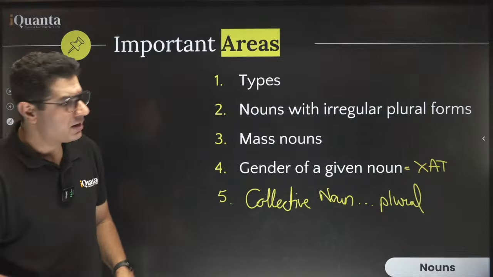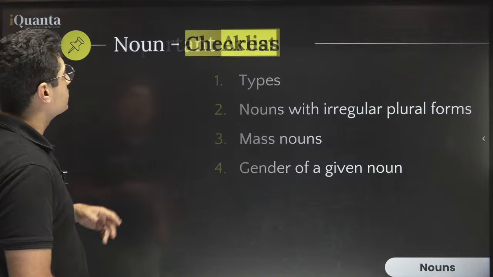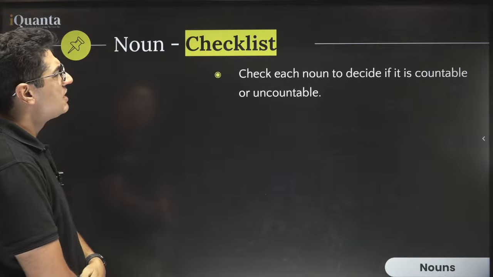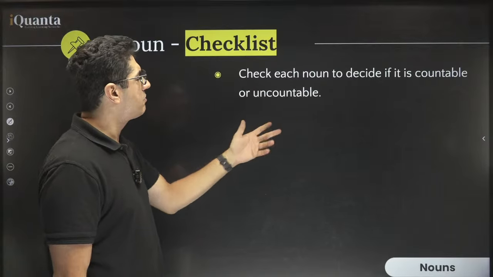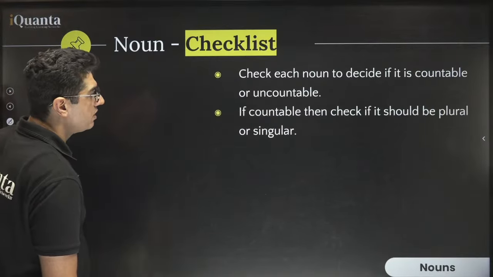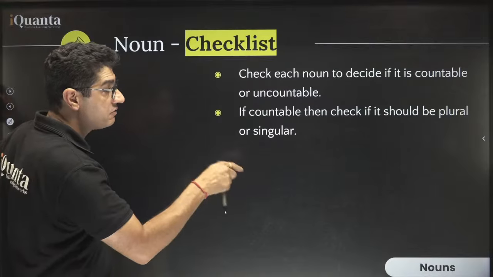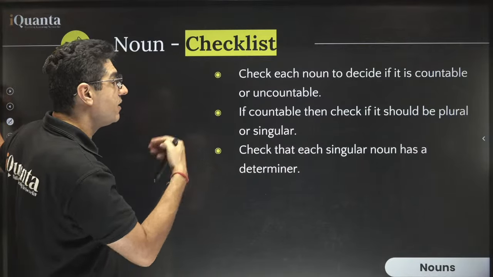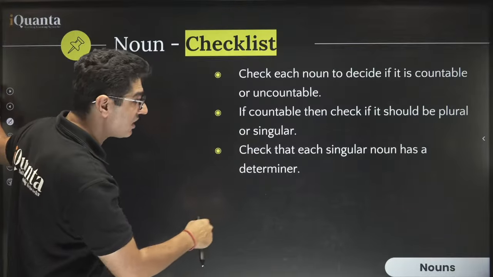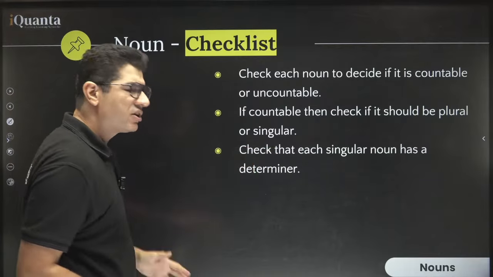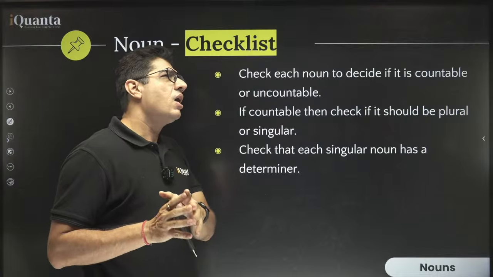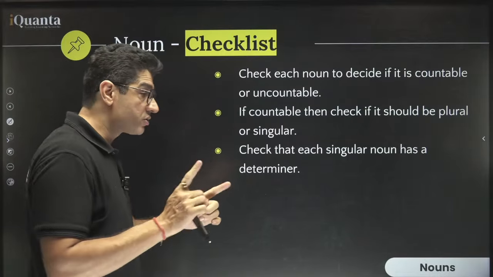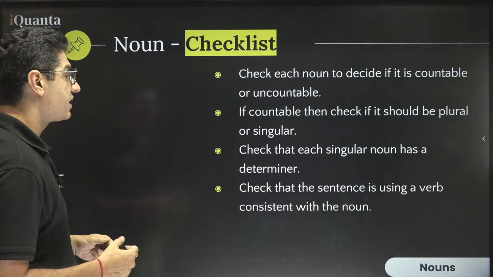Right? So typically when it comes to the checklist, when it comes to spotting errors based on nouns, I say that if there are nouns, just check whether it is countable or uncountable. If countable, then check if the sentence is supposed to use singular or plural. In case it is a plural, then is it using the right plural? Plus, singular countable nouns almost always take an article or a determiner before, so make sure that you have that there.